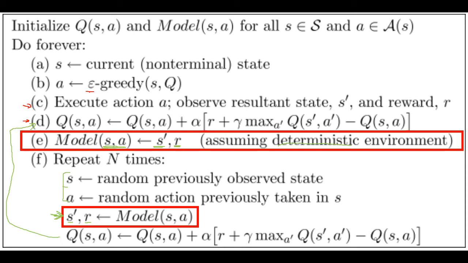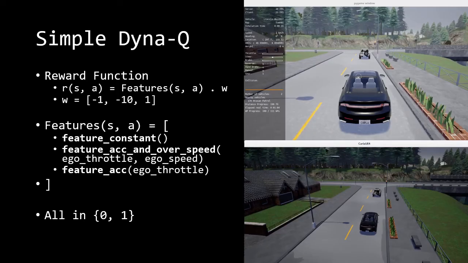The point is, you are now independent. You can on your own generate experiences, and this makes the sampling efficiency better. That means it makes the dependence on the environment less important. This is particularly efficient if it's costly to sample from the environment. So here's an example of Dyna-Q for our problem.